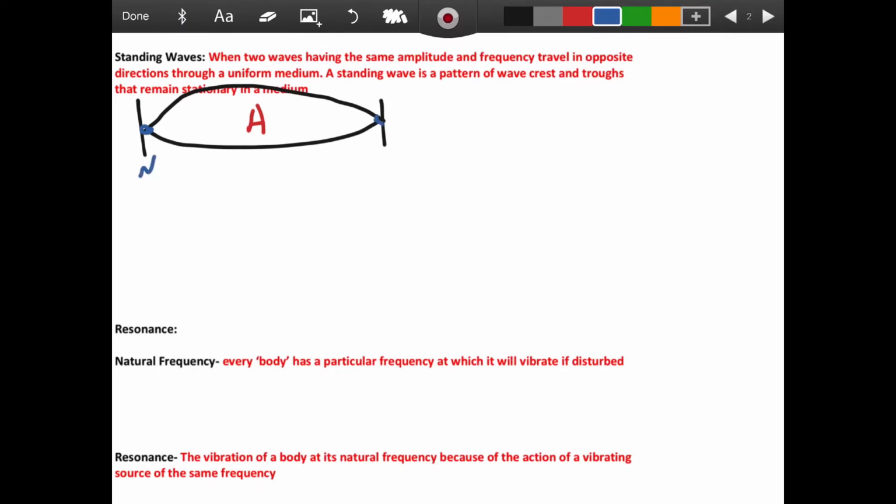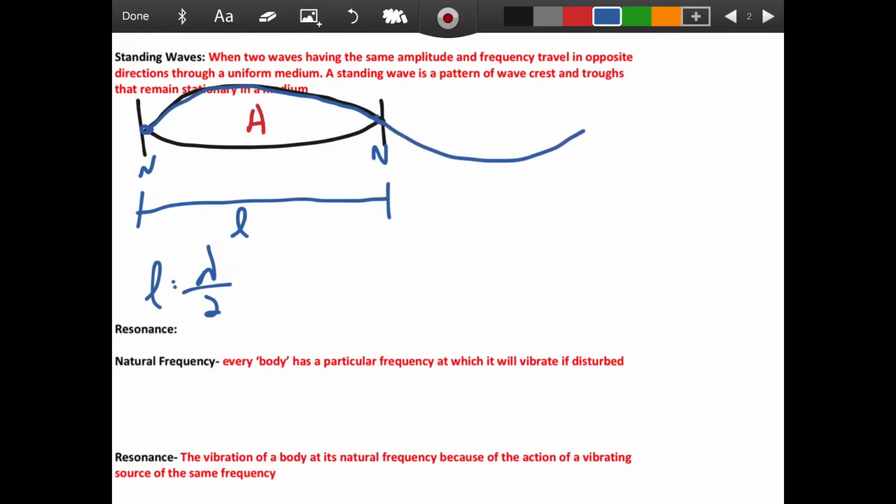So this would have two nodes and one antinode, and the wavelength would be whatever this length is. Let's call it length L. So in this wave, we have half a wavelength. So we say that L is equal to the wavelength over 2, because it only contains a crest; one full wavelength would look something like that.